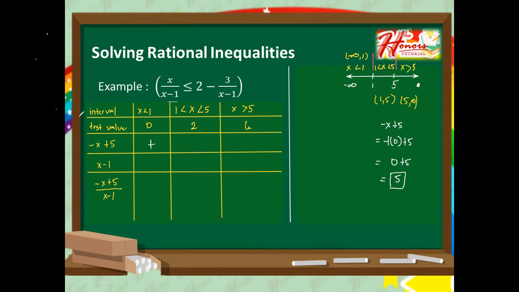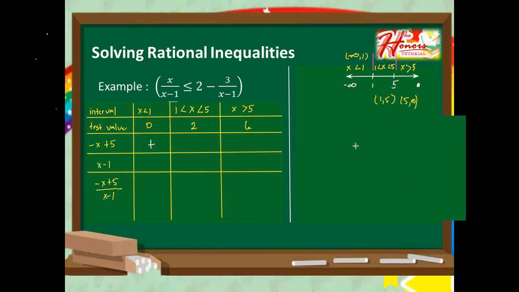So write plus here, since we are using the sign table. Next, let's have x minus 1, but still we are going to use the test value, which is 0. So it will become 0 minus 1, which is negative 1. So the sign is negative, write negative here. Positive divided by negative is negative, so negative.